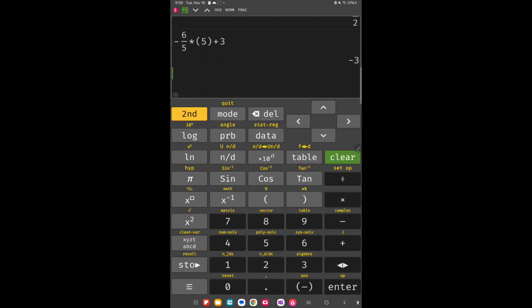So when you do that correctly, you're going to get negative 3.